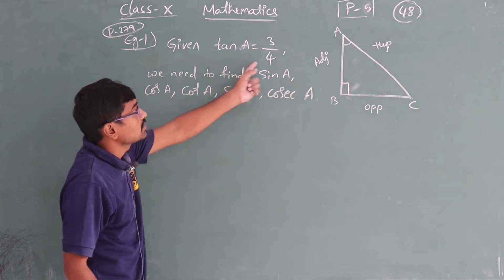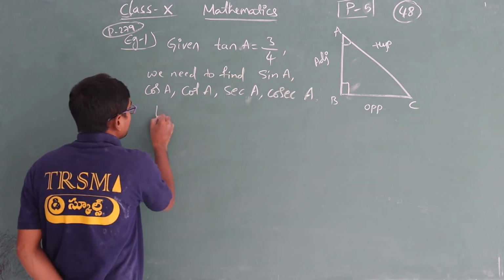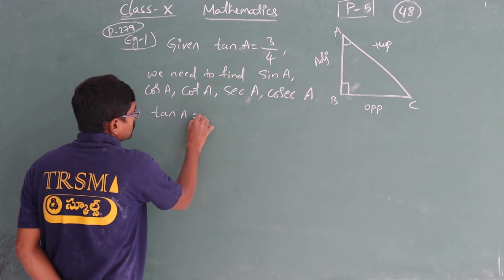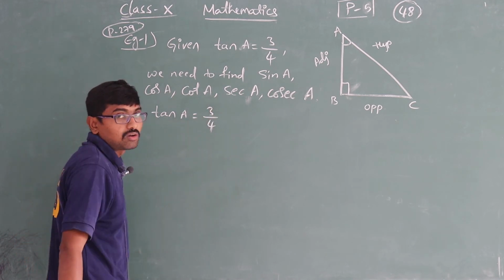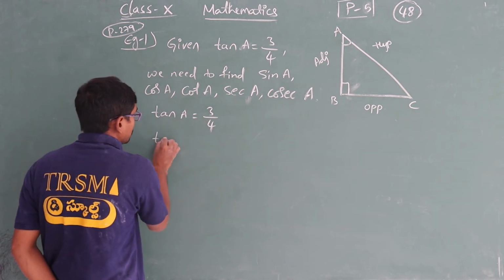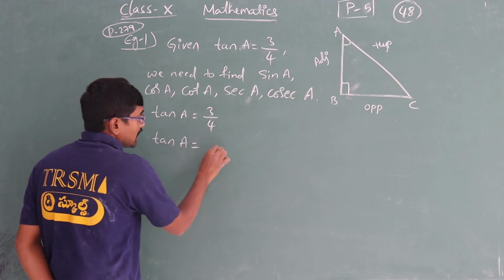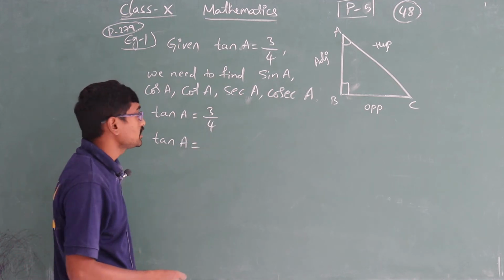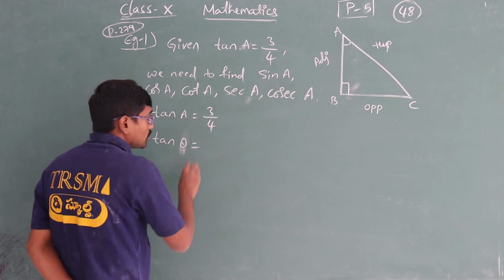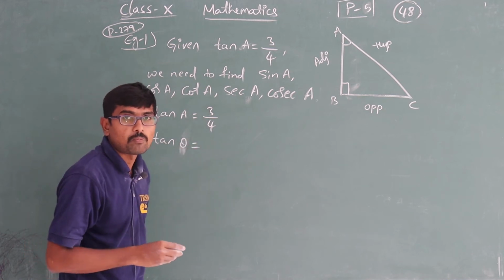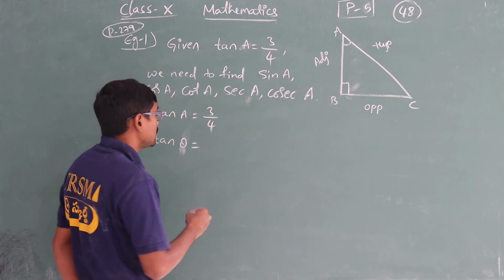We have to convert these in the form of sides. What he had given is tan A equal to 3 divided by 4. How can we write tan A? Tan theta, the trigonometric ratio, is opposite divided by adjacent. Very good.